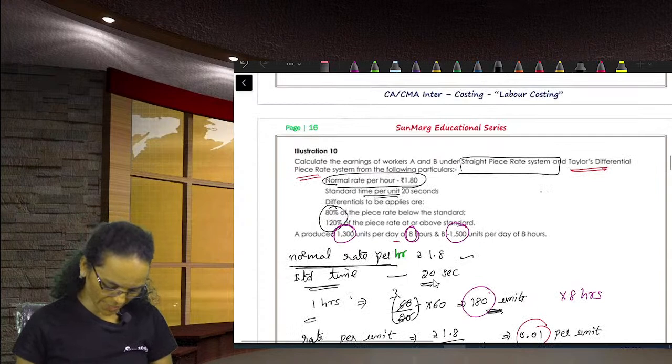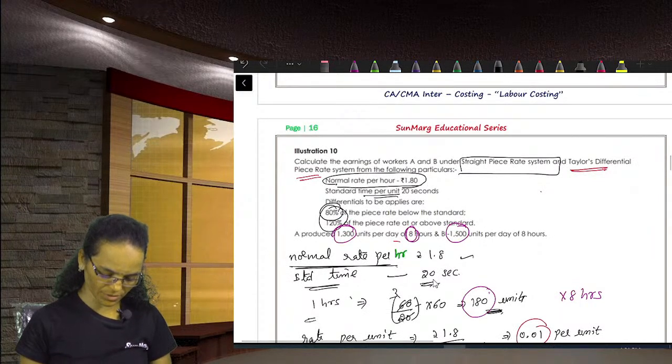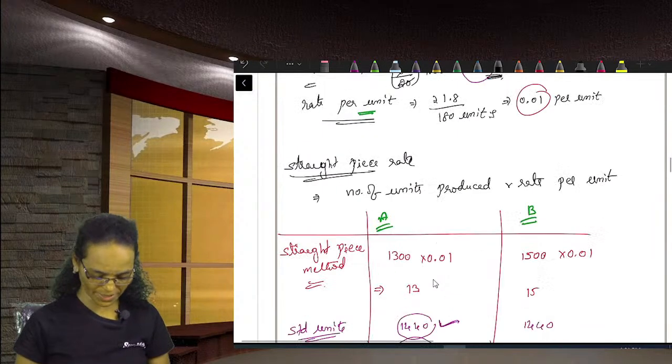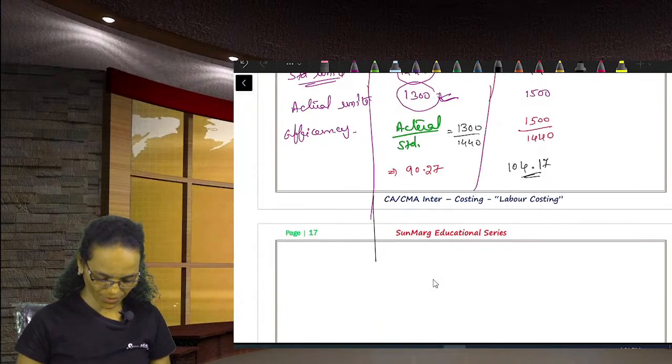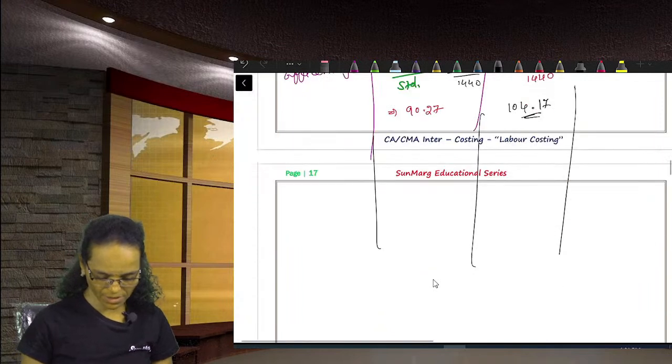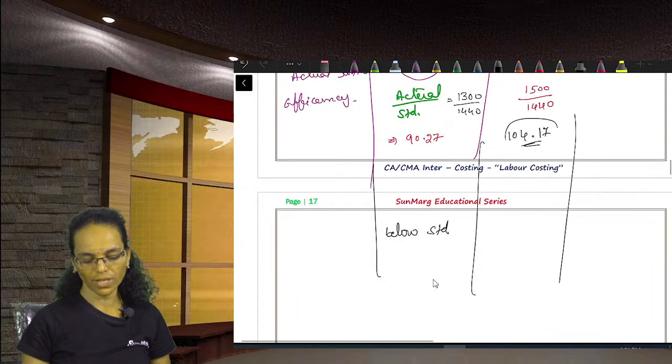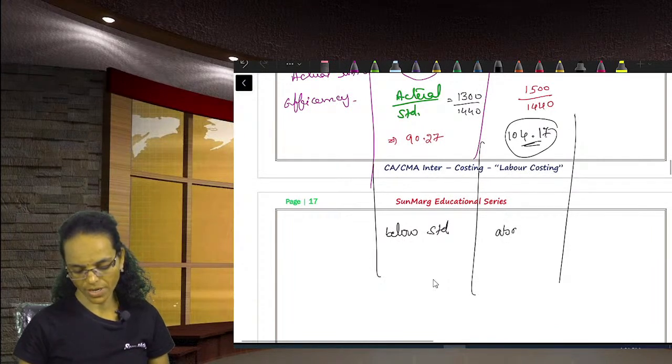They said if below standard, they will be paid 80% of the piece rate. So this is below standard. This is more than 100%, so this is above standard.